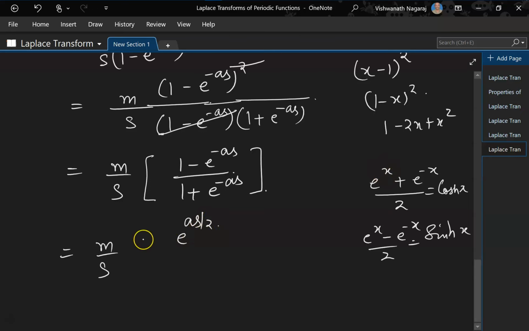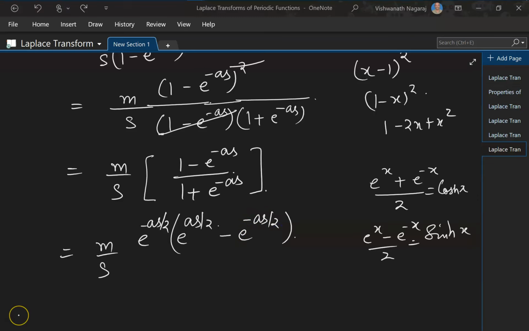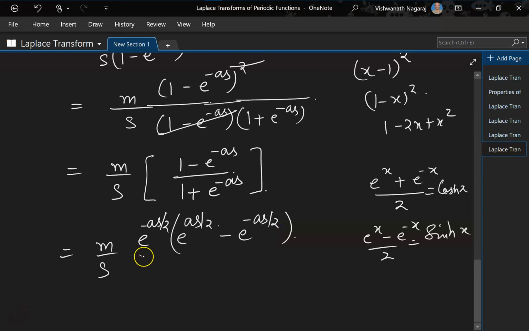But to neutralize that, let's put e to the power of minus as by 2 outside. You will see why I am putting by 2. Now minus, we have to take half of it out, isn't it? So e to the power of minus as by 2. So basically we have taken half of this out and balanced it.